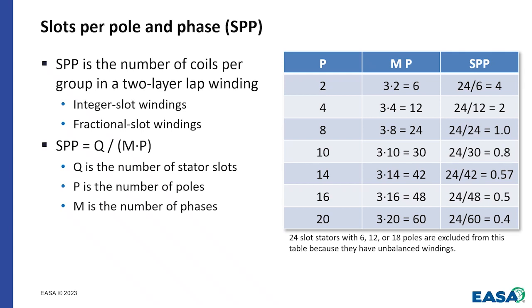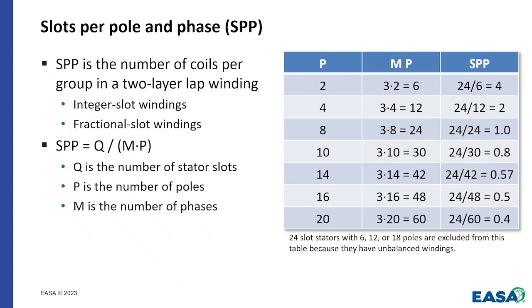If we had a 24-slot, 2-pole machine, and all of these are 3-phase, then the number of groups of coils in a 2-layer lap winding, like we see day after day in our shop, would be 6. Poles times phases gives us the number of groups. If we divide 24 slots by those 6 groups for a 2-pole machine, we'd have 6 groups of 4 coils. That would be our lap winding for a 24-slot, 2-pole machine. With a 4-pole machine, we'd have 12 groups of coils, and we'd have 12 groups of 2.